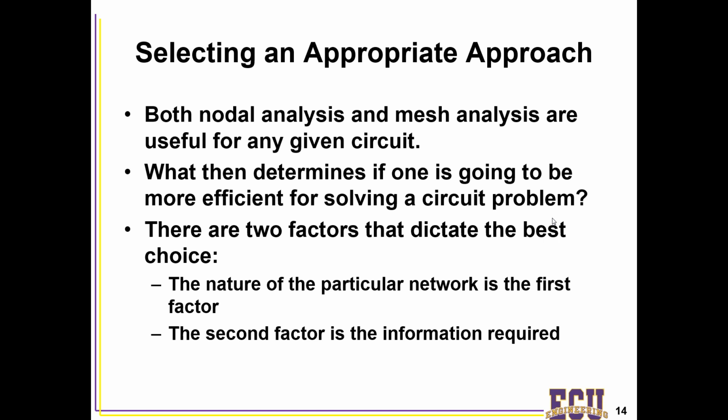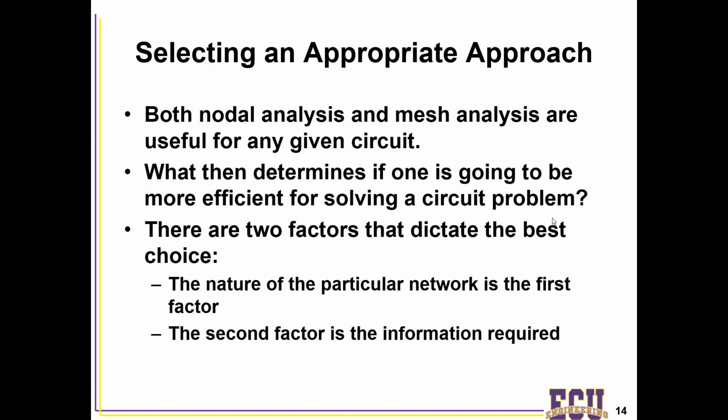Likewise, if you know the voltage at two different nodes and you want to know the current that passes from one node to the other through the elements between them, you can apply Ohm's law, look at the difference in voltage divided by the resistance between them, and figure out that particular branch current.